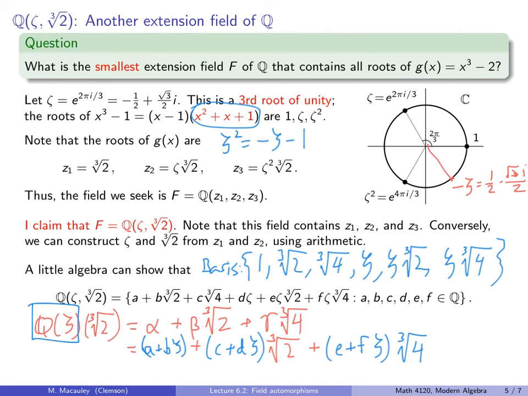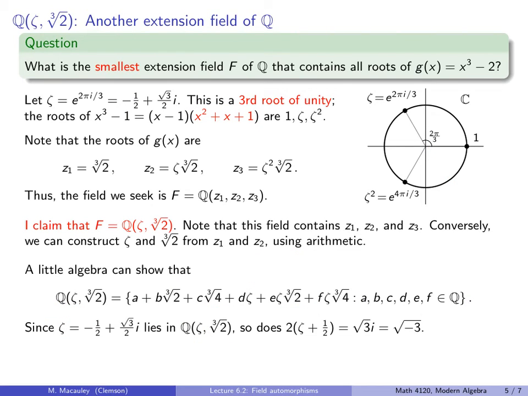So we only need 2 things, namely 1 and zeta. So again, to derive this, I say a little bit of algebra. Here it is. Write an arbitrary element of this field adjoining cube root of 2 like this, and then each alpha, beta, and gamma actually can be written as such: a plus b zeta, c plus d zeta, and e plus f zeta.